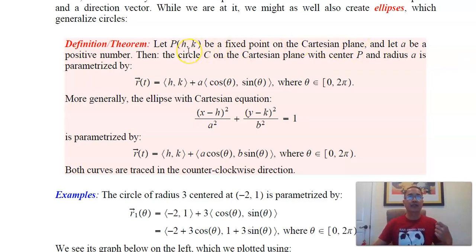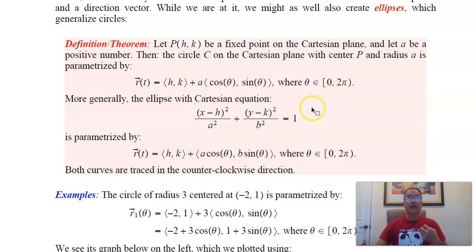If your center is at HK, and you want the radius of your circle to be A, then you can create the parametrization HK plus A times cosine theta, sine theta, where our parameter theta is from 0 to 2 pi.